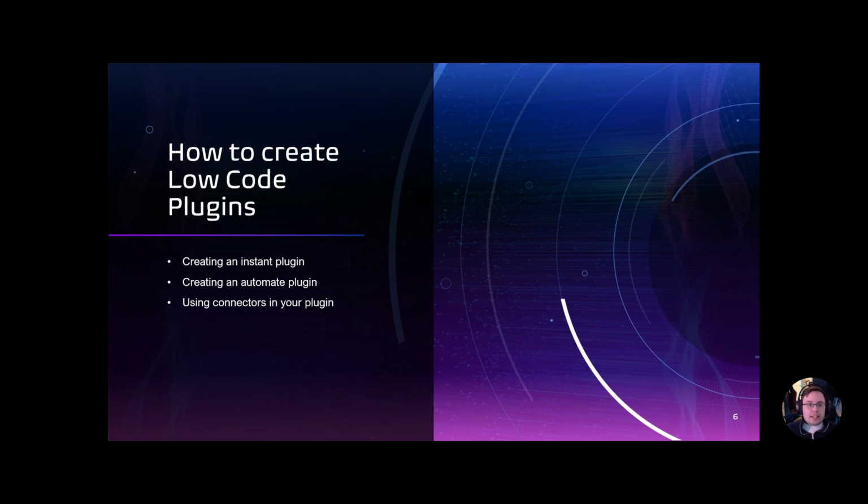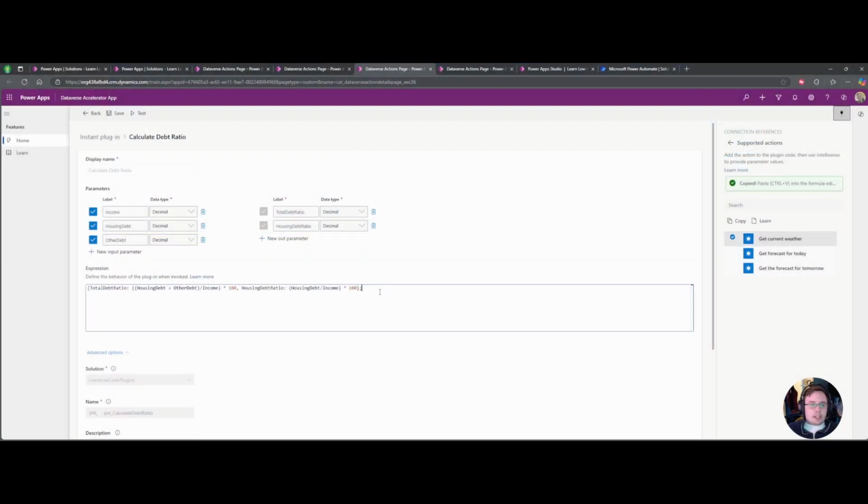A good example of this is, let's say I was defining some output parameter here and I put if and then, let's go for housing debt or income is greater than 500. Then I want to define my output parameter, let's say housing debt ratio.